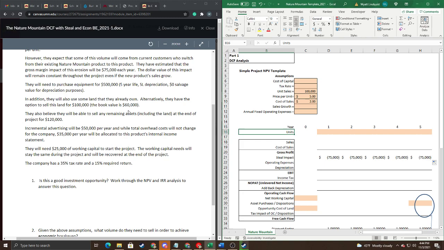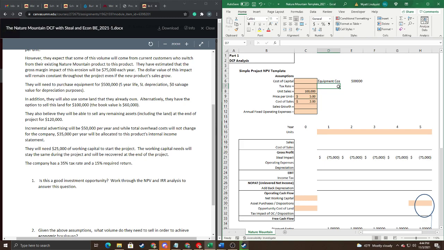The next thing we learn is that in order to do this, the company will need to purchase equipment for $500,000. So equipment cost $500,000. There we go. And this is going to have a 5-year life with a straight line depreciation.